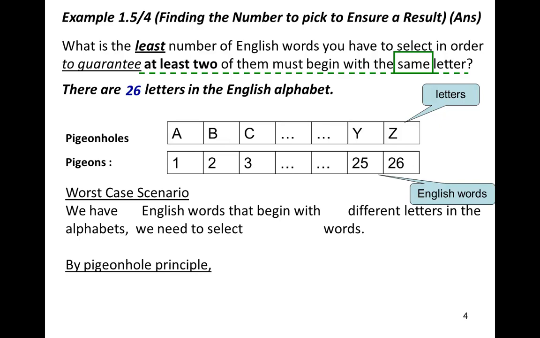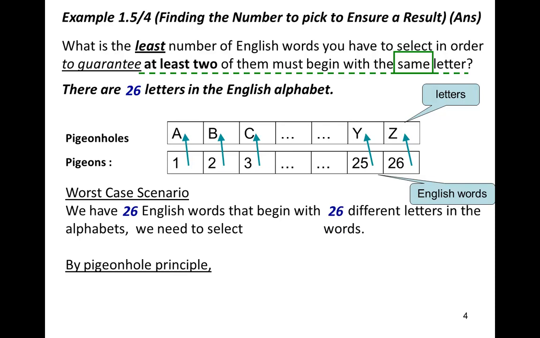The next thing to consider is, what is the worst case scenario? Well, suppose that the first word begins with A, and the second word begins with B, and the third word begins with C, etc., until we get to the 26th word, which begins with Z. So we have 26 English words which begin with 26 different letters.